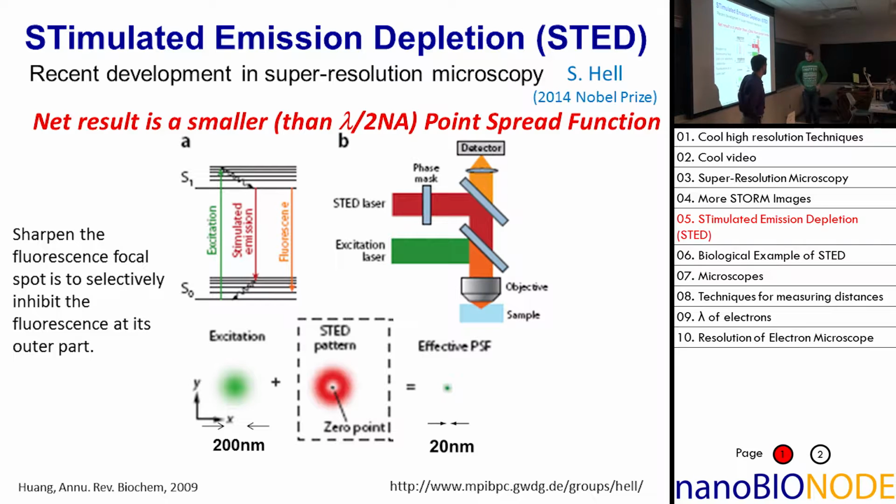Okay? So it goes in the sample. The green is transmitted just fine. And what happens? You get some fluorescence. And then that fluorescence is what? So let's say orange. The fluorescence comes back, is collected by the objective, and then goes straight.